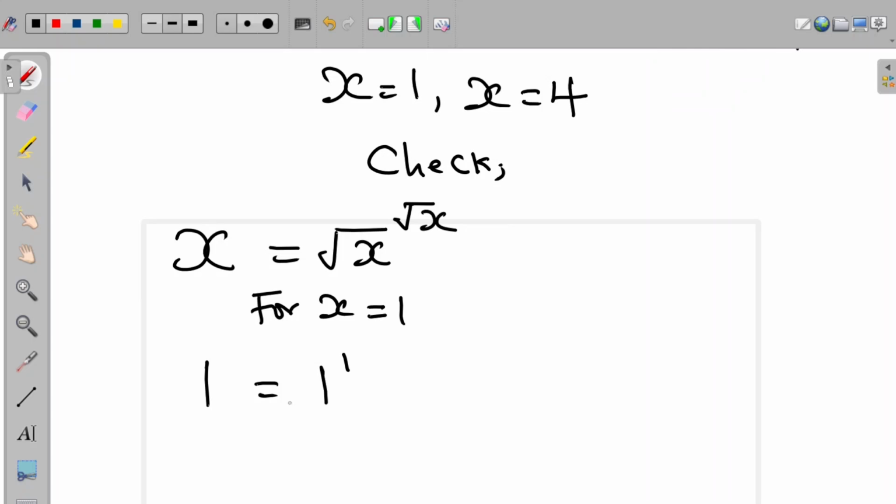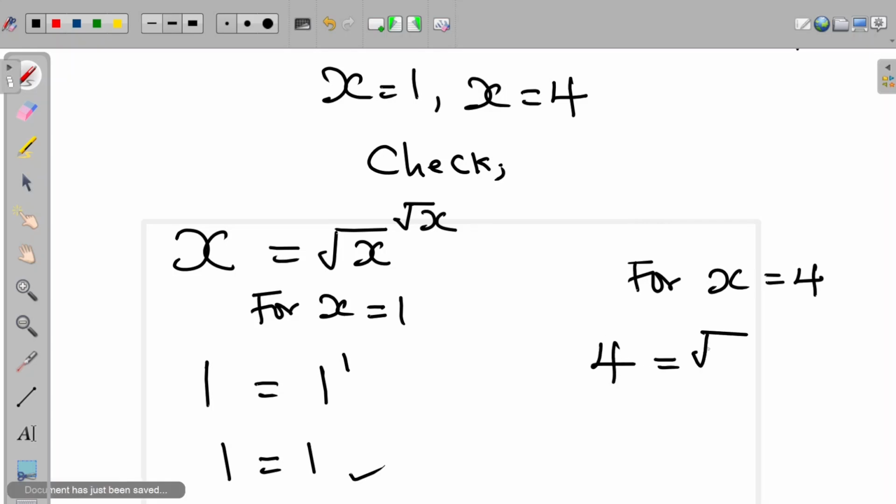So therefore, 1 is equal to 1. Also, for x equal to 4, we have that 4 is equal to root 4 raised to the power of root 4.